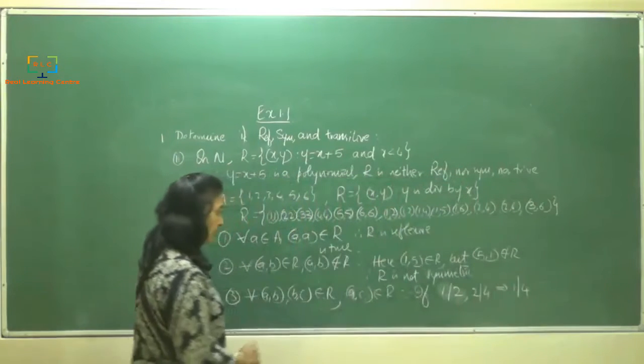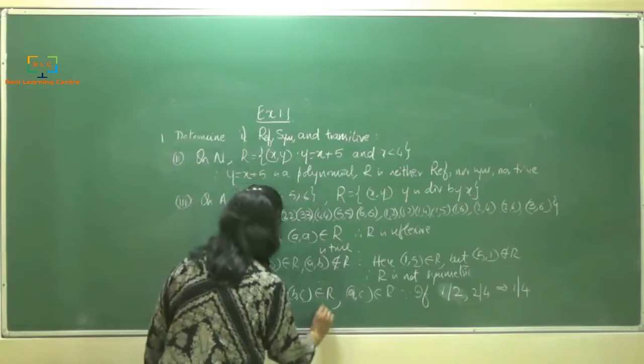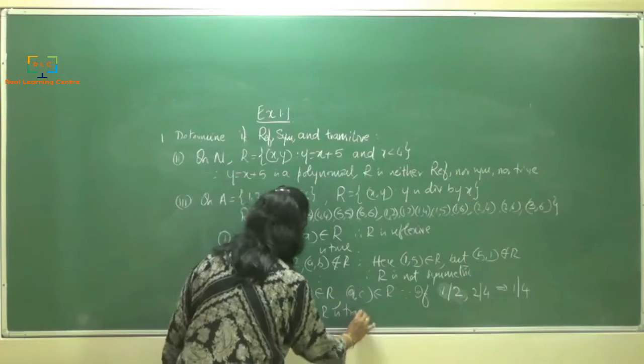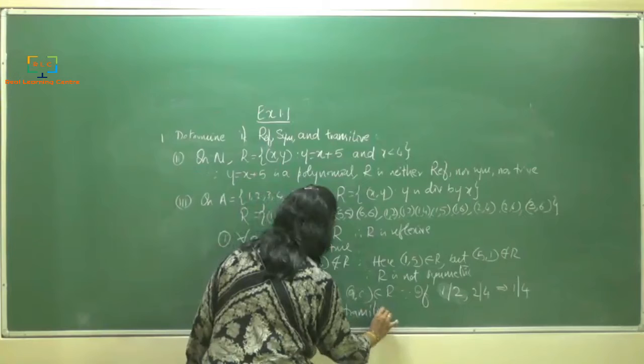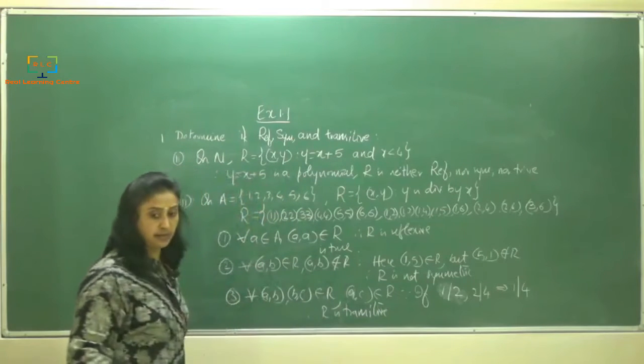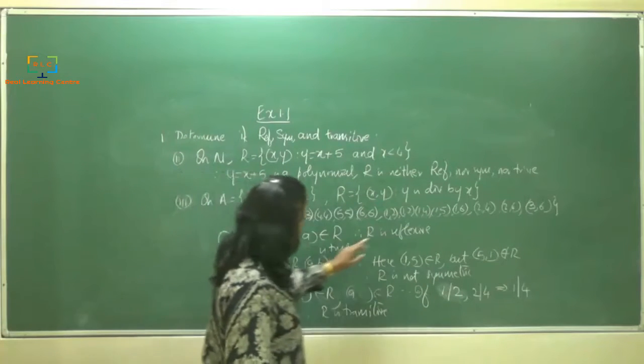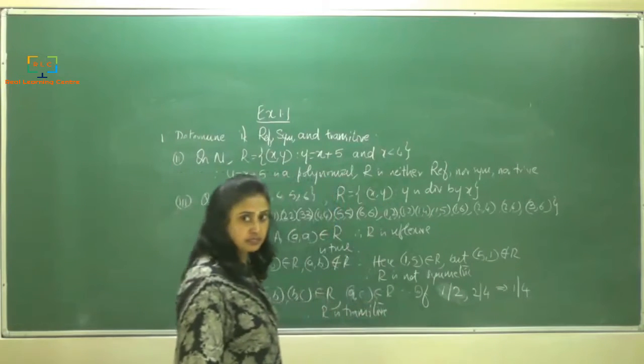Therefore, R is transitive. So now in this particular example, we can see that R is reflexive and transitive, but it is not symmetric.